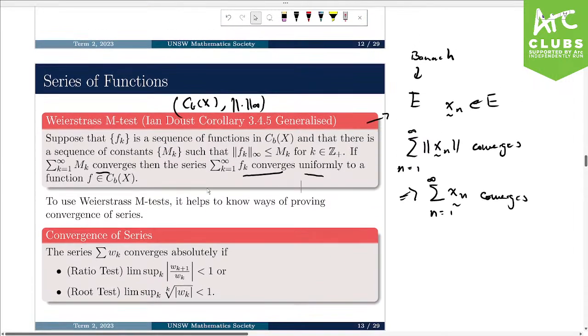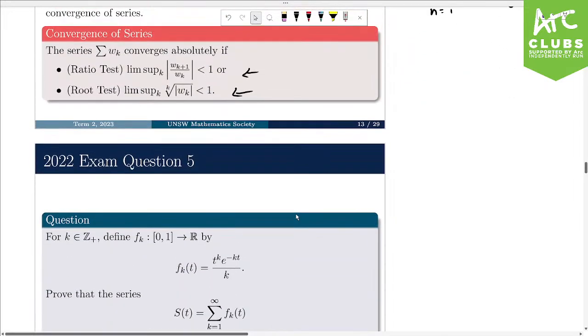To actually see if these converge, we can use some convergence tests from 1B calculus, and these are the ratio test and root test. In our next example, we'll actually do this with both of these tests.